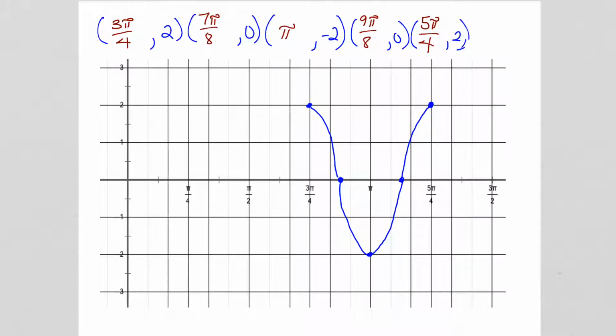Now I don't like to leave it hanging there in the middle, so I'm going to go on over, take it to 0. So we should have that would be negative 2.